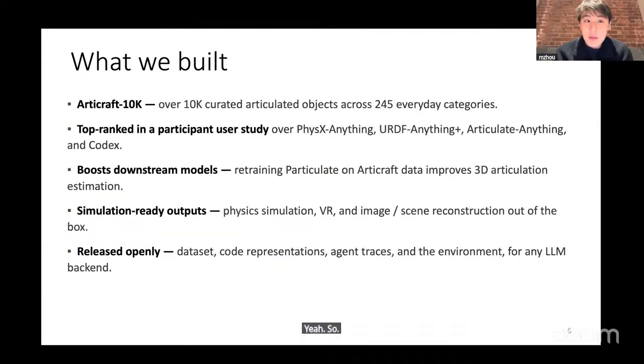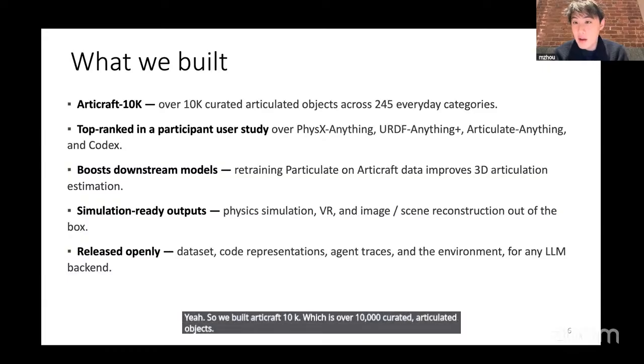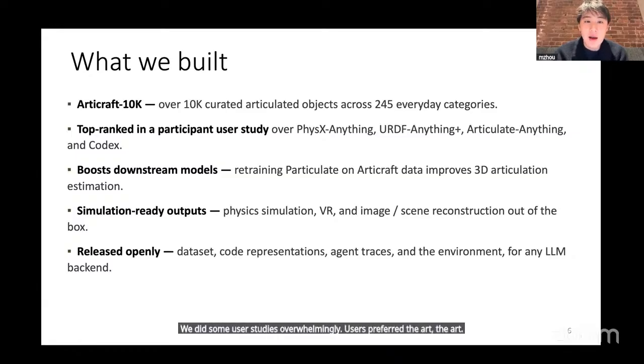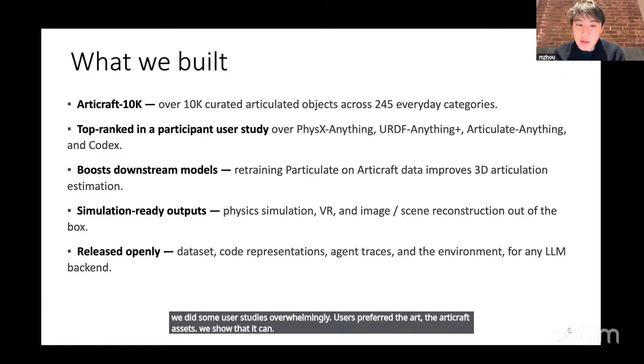So we built Articraft 10K, which is over 10,000 curated articulated objects across 245 categories, which is a huge amount of categories in the space. We did some user studies. Overwhelmingly, users preferred the Articraft assets. We show that it can boost downstream models.